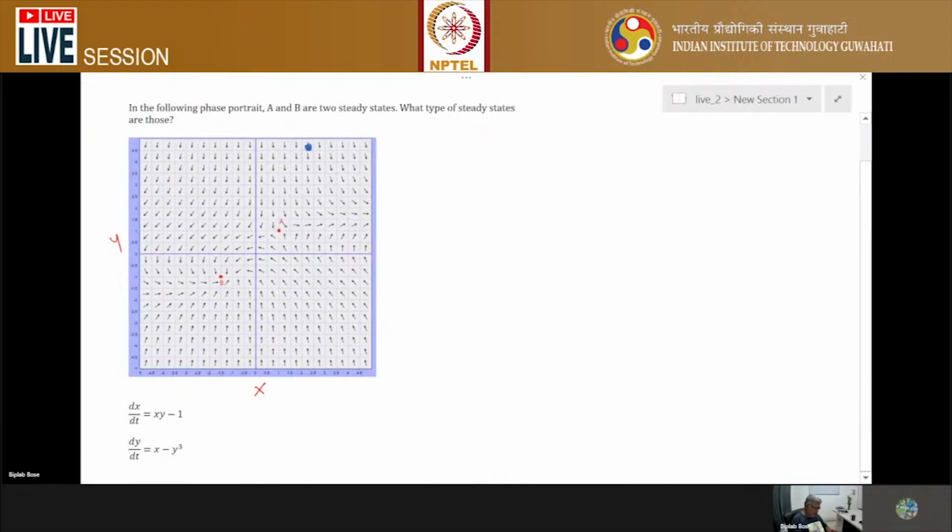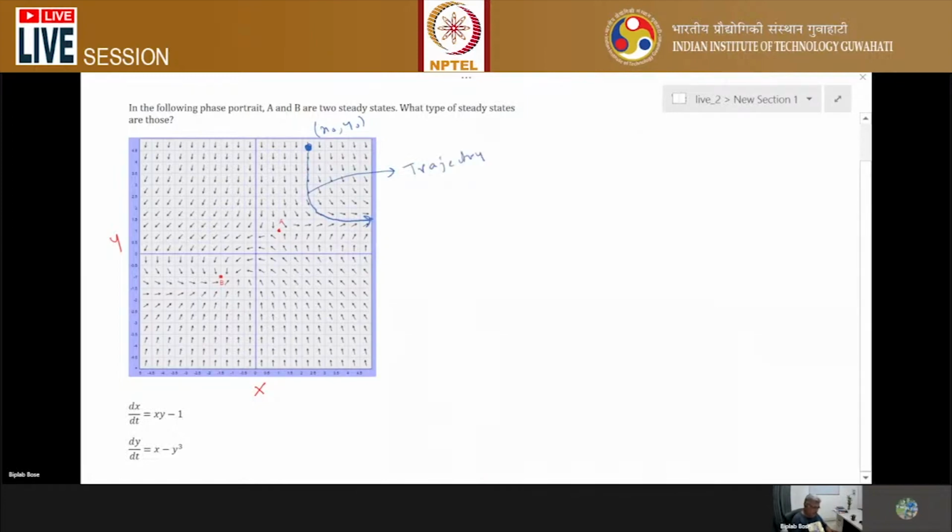That means I know the value of x and y at that position, say x0, y0. If I now release the system to evolve, following these arrows, the system will move something like this. So this will be my trajectory.